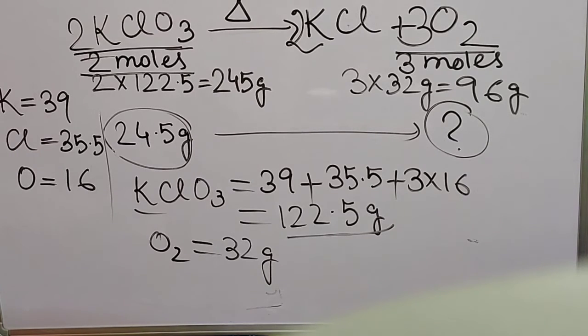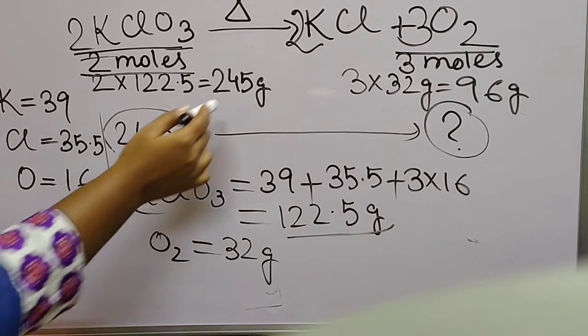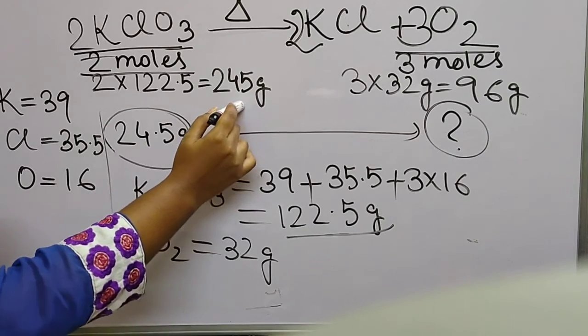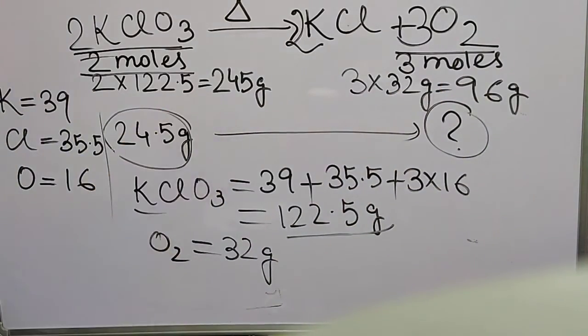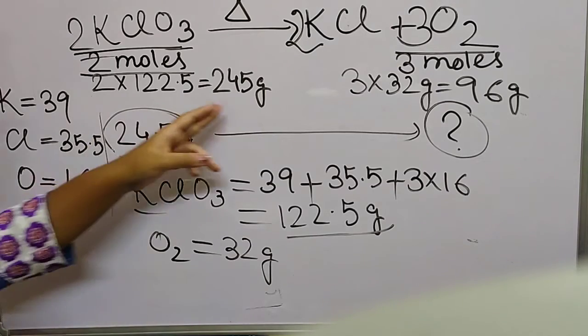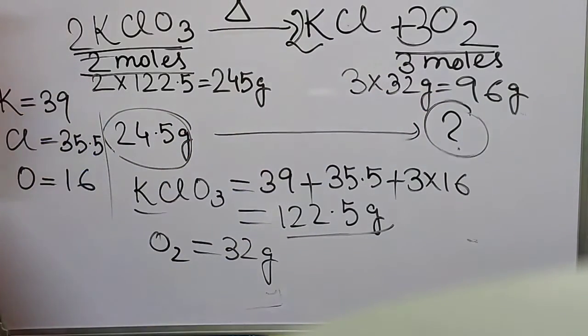So now just observe the equation. Now it has become a unitary method: 245 gram of KClO3 when heated forms 96 gram of oxygen.